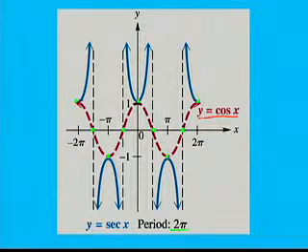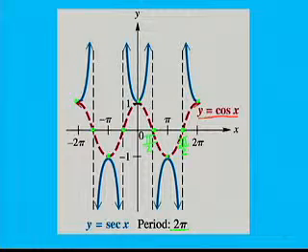The domain, in this case, is all real numbers except where we have the vertical asymptotes. And let me point out that those specifically are pi over 2, 3 pi over 2, which means they are odd integer multiples of pi over 2.